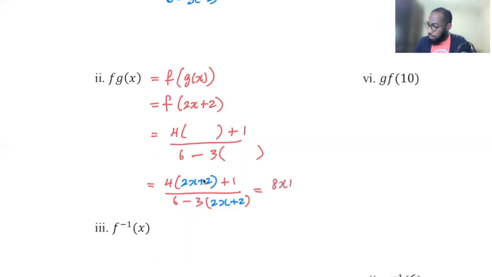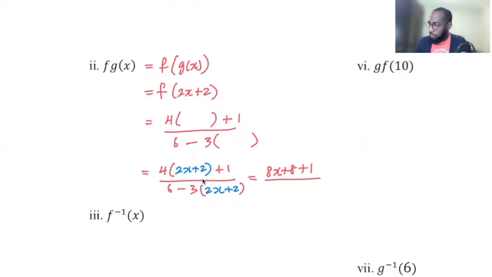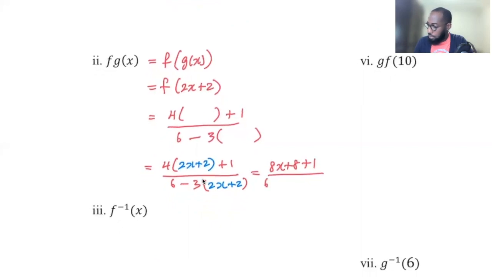So we have 8x plus 8 plus 1 divided by 6 minus 6x minus 6.